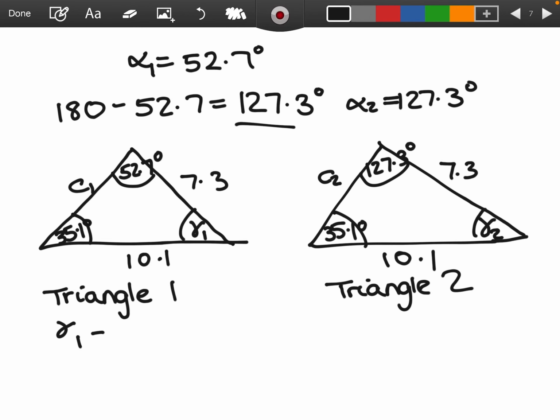So gamma 1 is going to equal 92.2 degrees. And gamma 2, again doing the same thing where I've added 35.1 to 127.3, subtract that from 180 to give me that third angle. That's going to be 17.6 degrees.